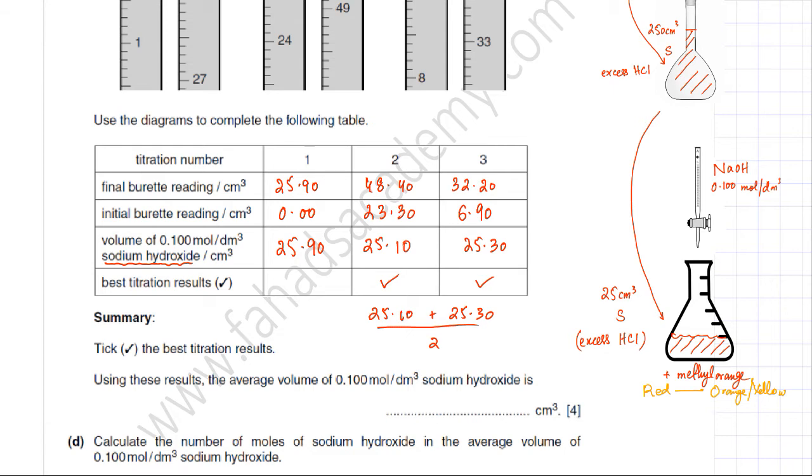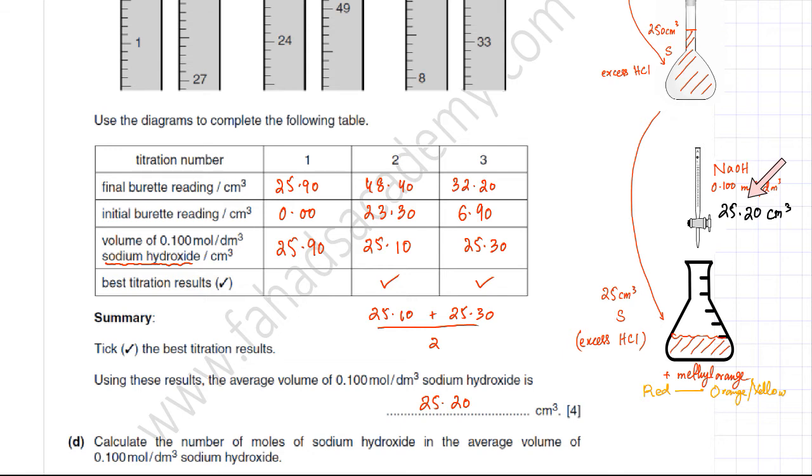So my average volume of NaOH that's been used in this experiment is going to be 25.20 centimeter cube. So that's the average volume of NaOH, and we're going to add that over here as well. The average volume of NaOH that's been used is going to be 25.20 centimeter cube.